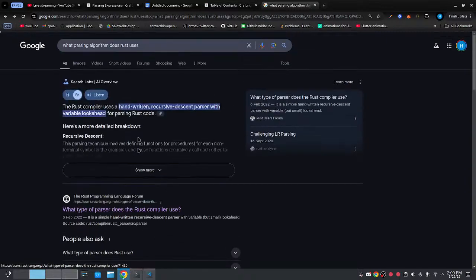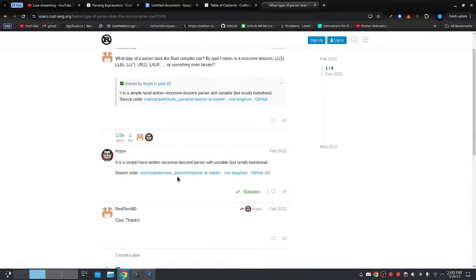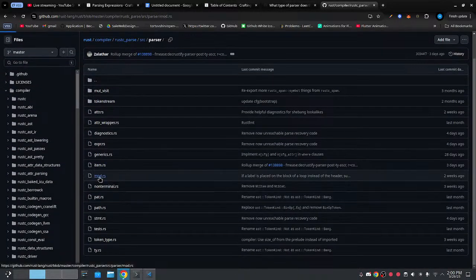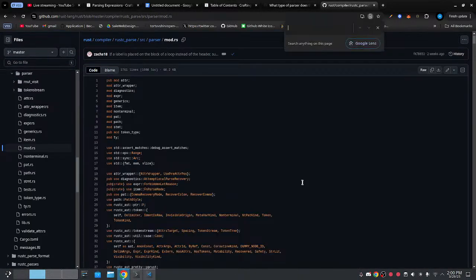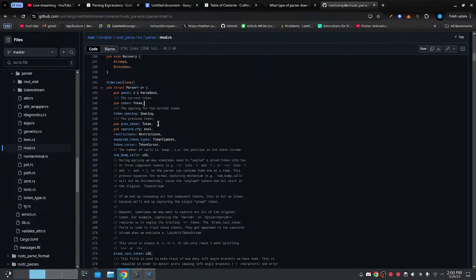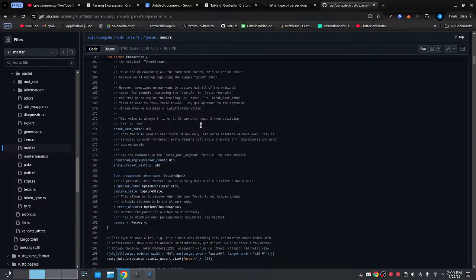This also uses recursive descent, right? I had done a recursive descent parser before. Lookahead would be the previous one. What is a lookahead?